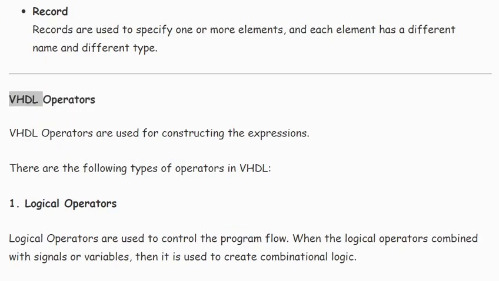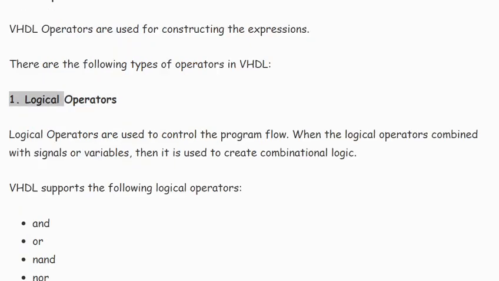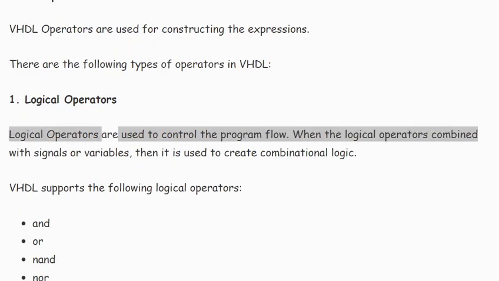VHDL operators. VHDL operators are used for constructing expressions. There are the following types of operators in VHDL. 1. Logical operators. Logical operators are used to control the program flow.